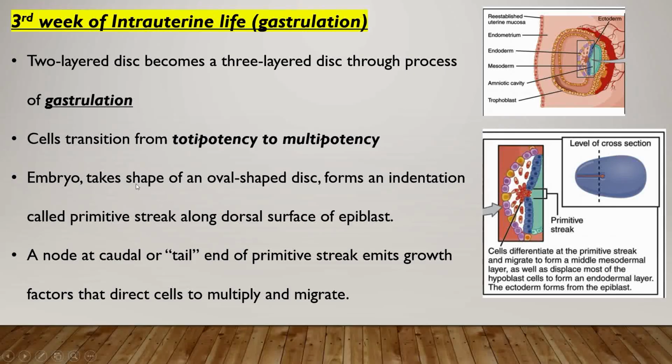Now the embryo is going to take the shape of an oval shaped disc. You can see here this is an oval shaped disc, and it forms an indentation. So this is known as the primitive streak along the dorsal surface of the epiblast.